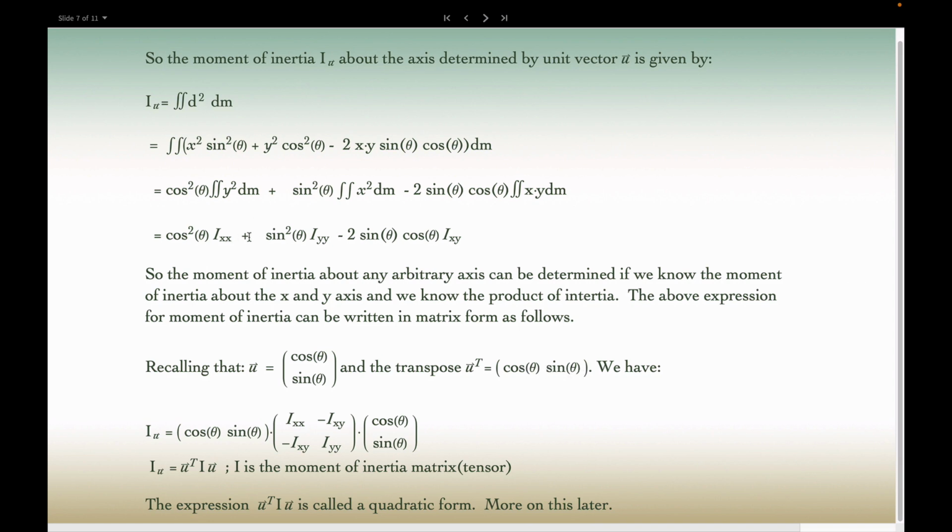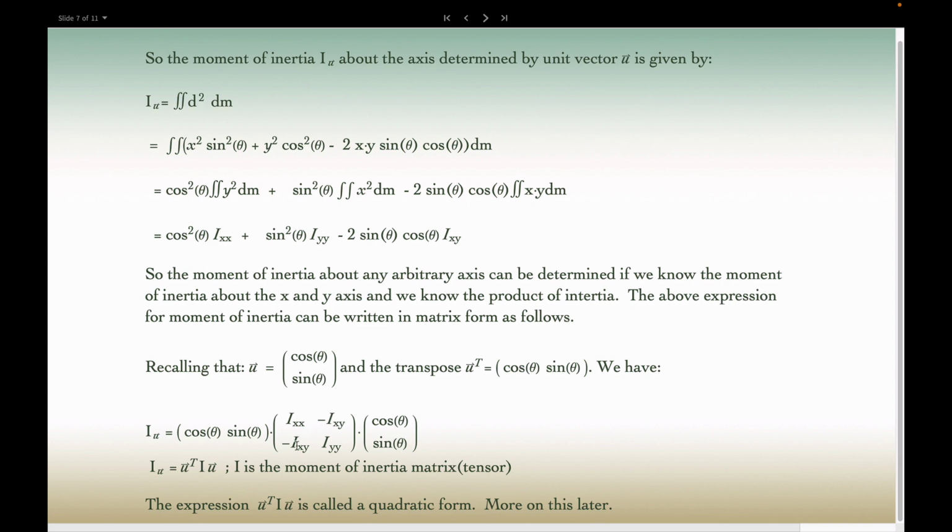We have this expression for moment of inertia that can be written as u transpose times this matrix times u. If you carry out this multiplication, you will see what you have up here. Thus, we're defining this matrix right here as the moment of inertia matrix, or tensor.